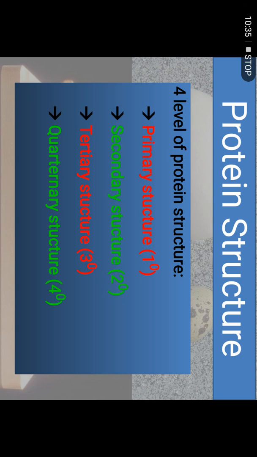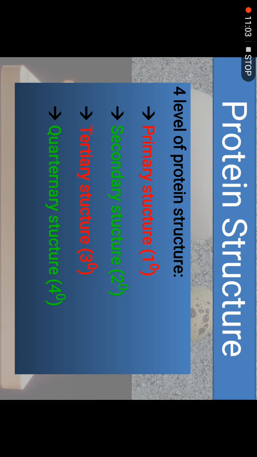Even the plasma membrane, you remember the plasma membrane surface, we have carrier protein, tunnel protein. Those proteins start forming or building up from the amino acids. So it depends on where they are needed. If they are needed at the plasma membrane, they will fold themselves so that they have a tunnel, so that it can become the channel protein.